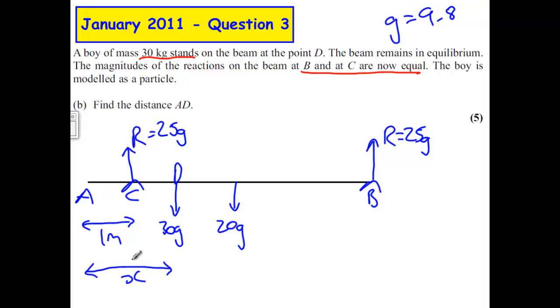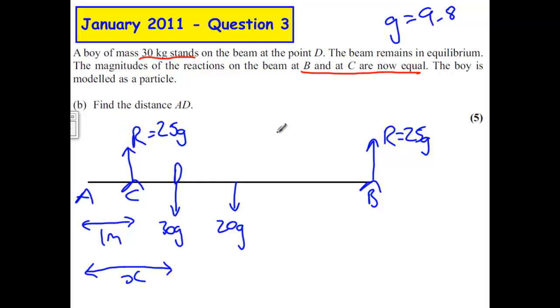Because I need to find the distance x, the distance from A to D, I'm now going to take moments about the point A. Because the system is in equilibrium, I know that the moments acting in a clockwise direction, which are the forces acting downwards, are equal to the moments acting in an anti-clockwise direction, which come from the reaction forces. And again, remember, moment is equal to the magnitude of the force times the distance from the point you're taking moments about.